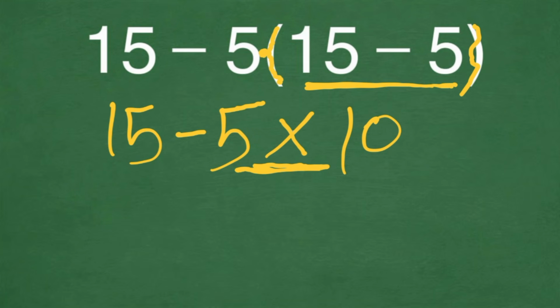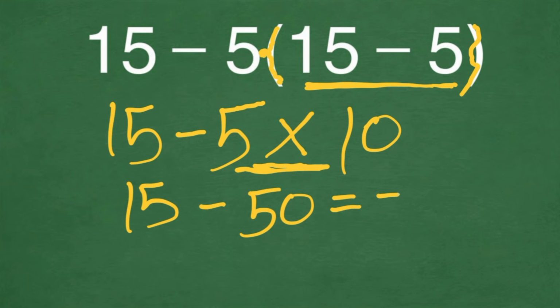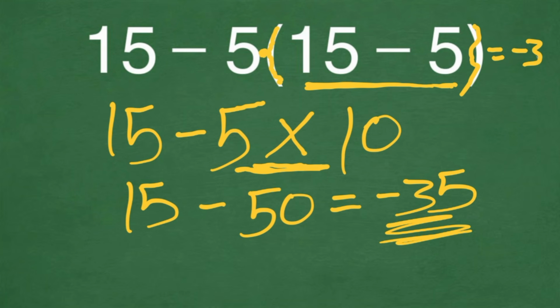Therefore 5 times 10 is going to be the next arithmetic to do. So 5 times 10 is equal to 50, and 15 minus 50 is equal to negative 35. So the final answer to this question is negative 35.